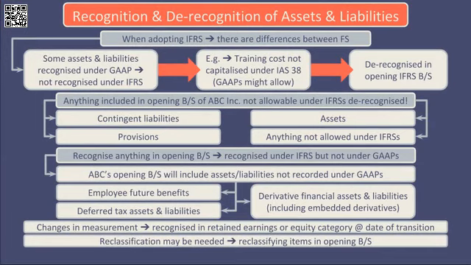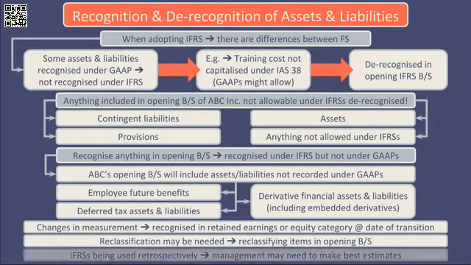So, for example, the GAAP may have allowed assets and liabilities to be offset against each other. However, under IFRS, these assets and liabilities will have to be classified separately because the company must apply the IFRS to a minimum of 3 statements of financial position and 2 statements of income.